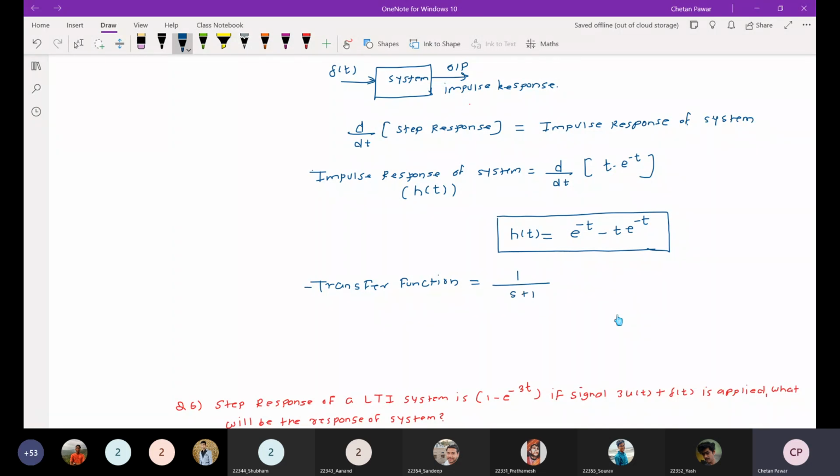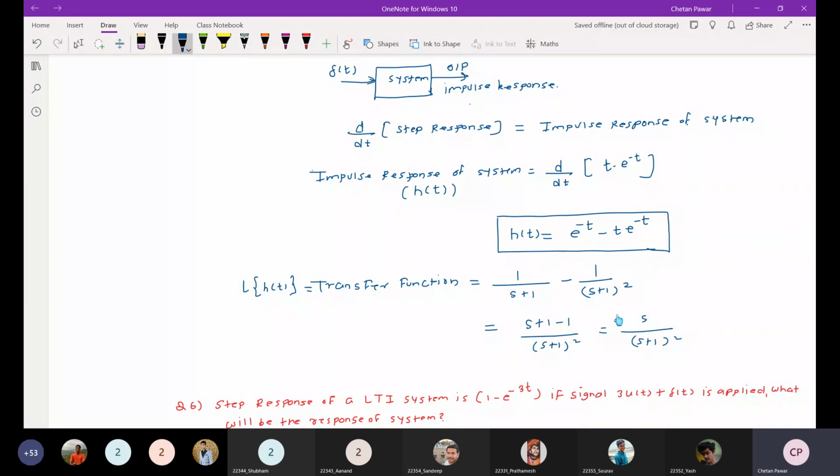So I just mention here Laplace of h of t, and this will be 1 upon s plus 1 minus 1 upon s plus 1 square. So this will be s plus 1 minus 1 upon s plus 1 square, so s upon s plus 1 square.